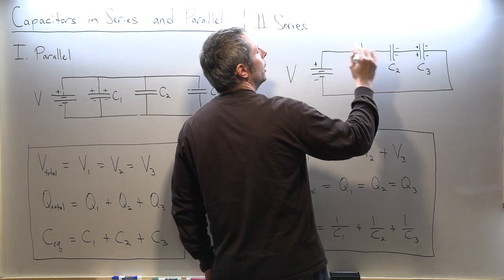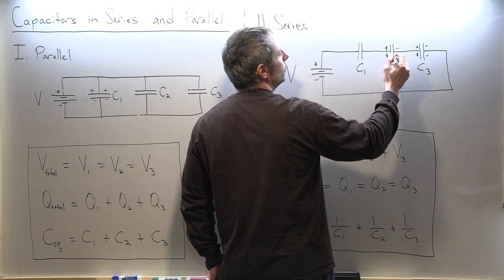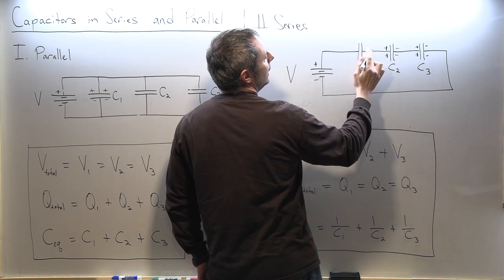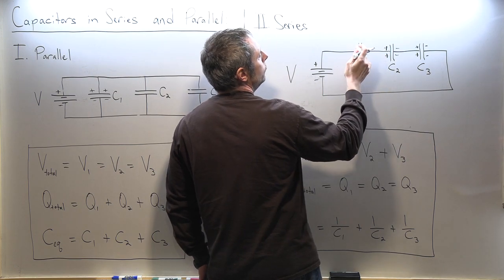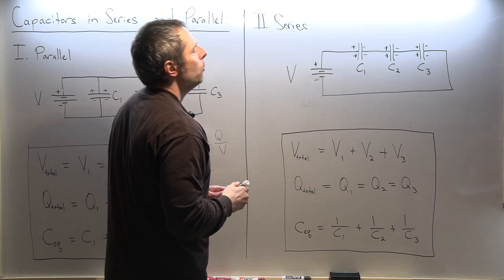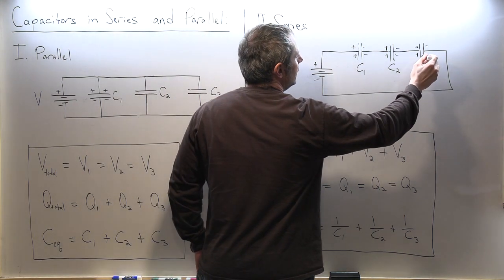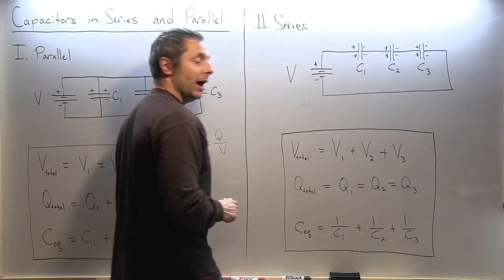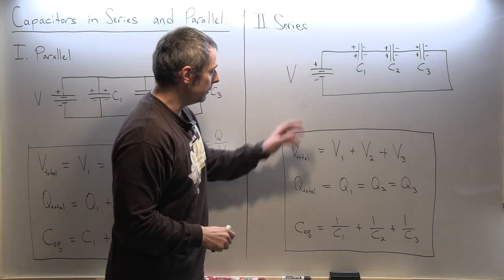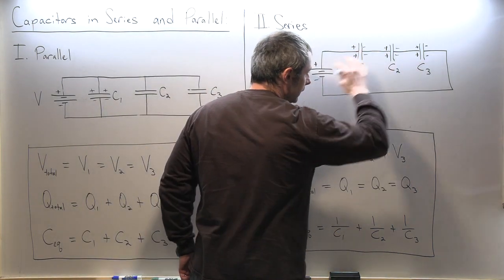You've got to charge the other one positive. So 2 electrons would come here, 2 would come off. And where do these 2 go? They go to this side. And then 2 come off, leaving this side positive. Notice whatever charge I put on this plate is what all capacitors will have. So in other words, mathematically, the total charge coming out of the battery is whatever is on each of the capacitors.